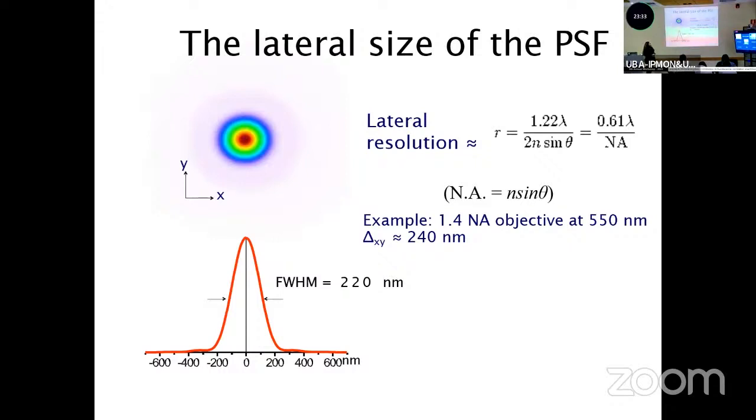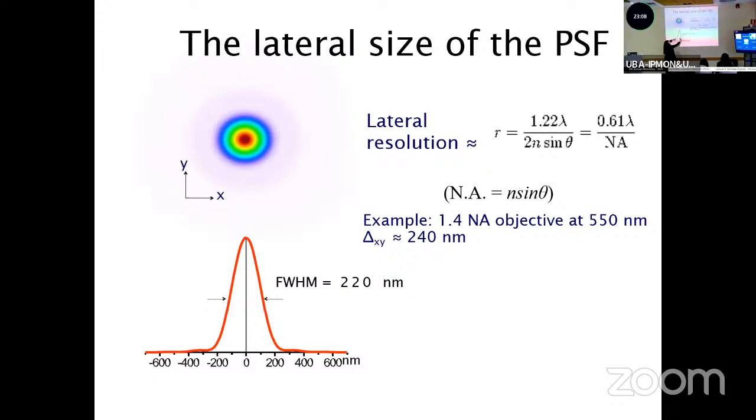All right, so let's look at the lateral size of the point spread function. We can characterize the lateral diameter of the PSF. There are different ways to calculate the actual lateral resolution. This one uses, as you can see in this equation, the full width half max.